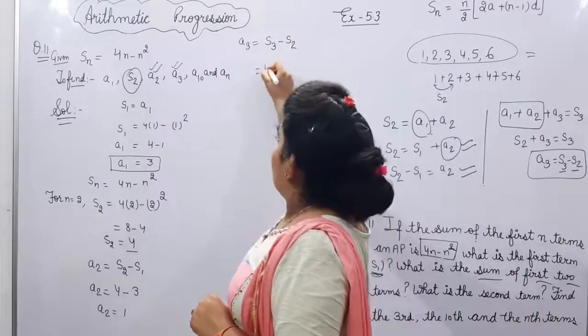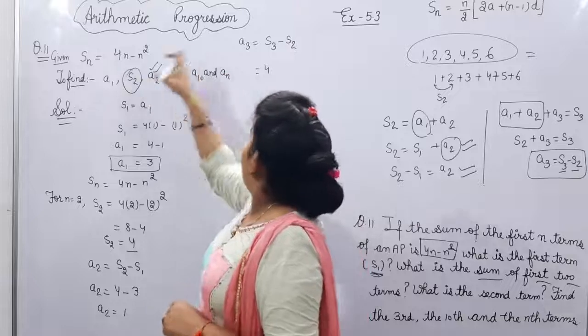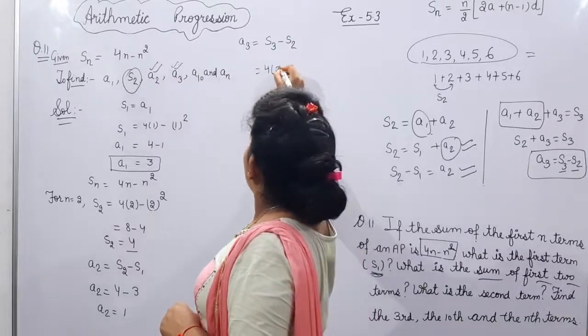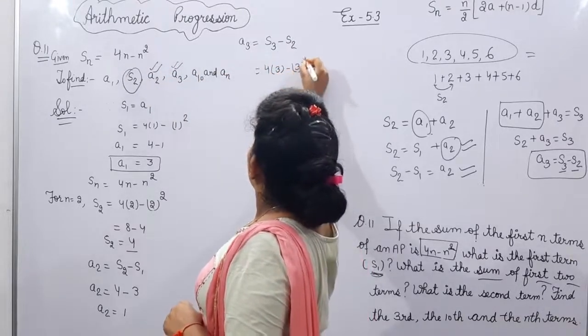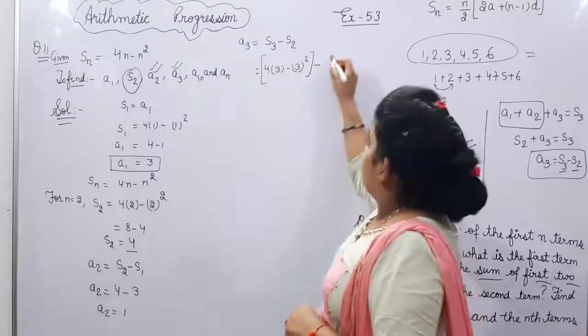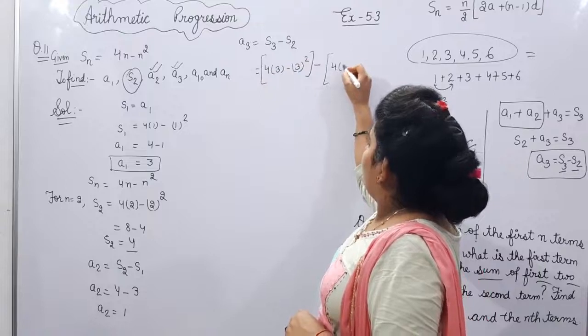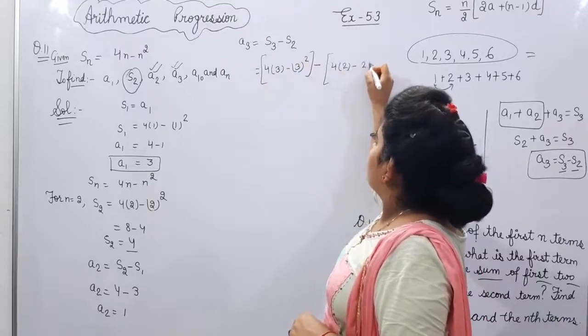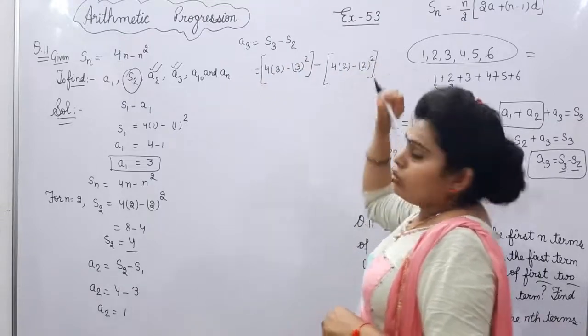So what we will do? We will replace n by 3. 4 into 3 minus 3 square minus 4 into 2 minus 2 square.